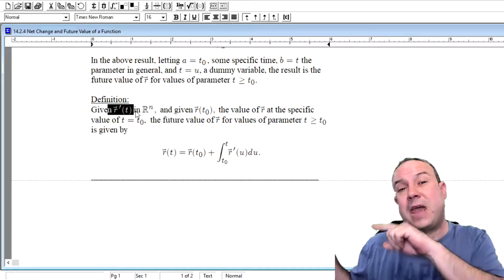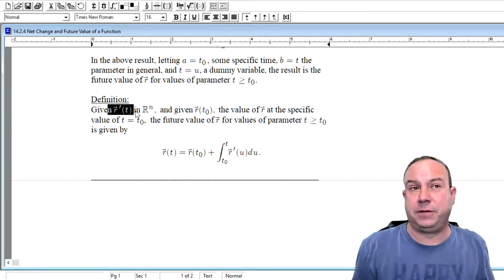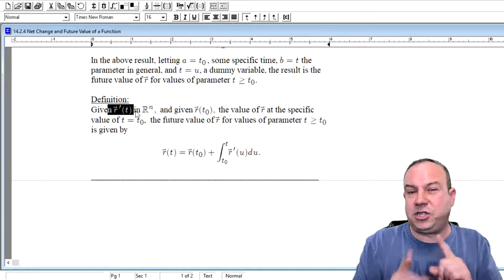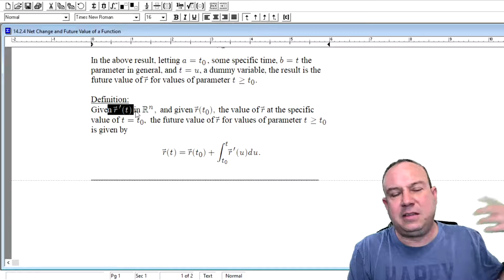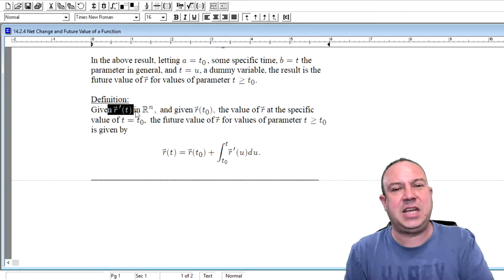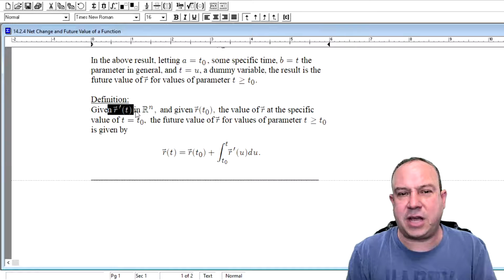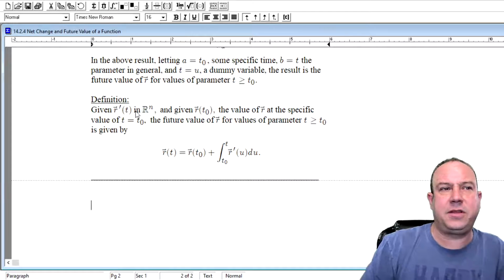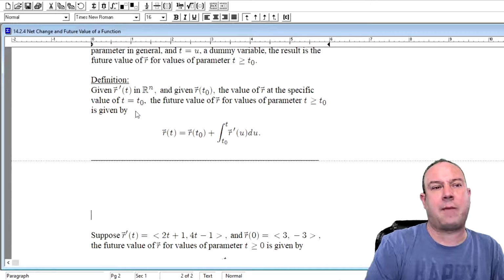But if we make that parameter time, then here we have the case for motion, which is our next lecture, on motion in n-dimensional space, where all of these connections are going to be made. But let's calculate a future value with this. We look at a quick example here. We can wrap up these notes.